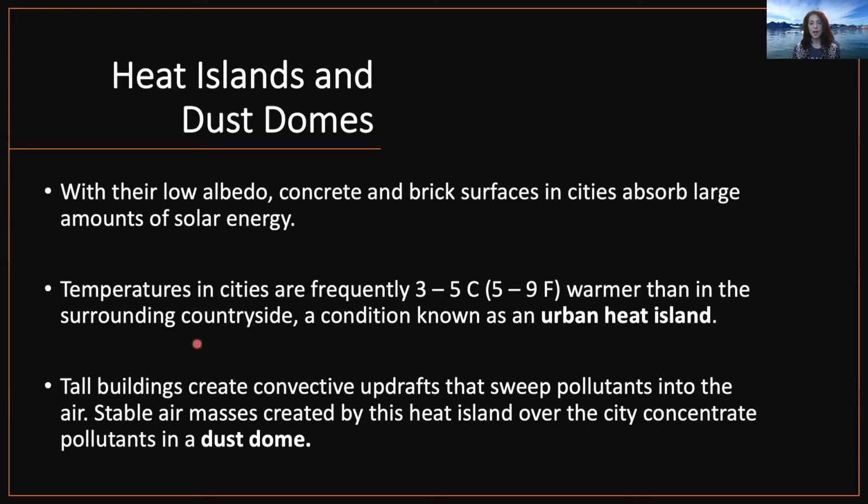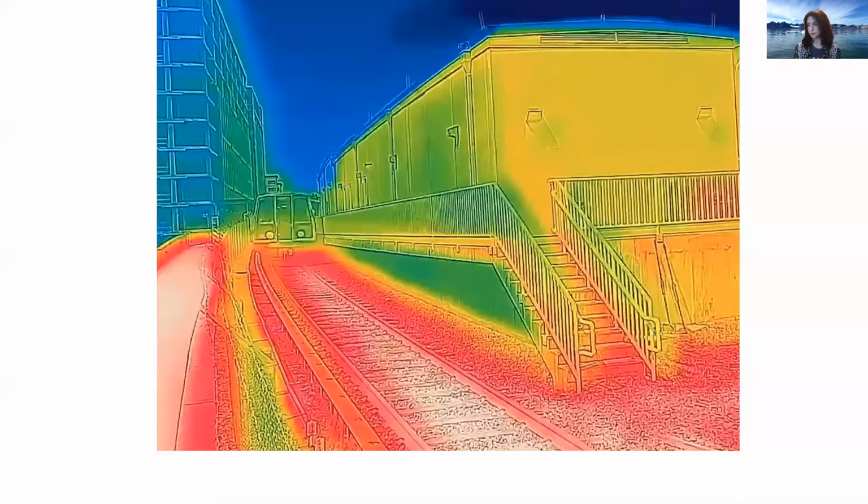And stable air masses created by this heat island over the city concentrate pollutants in a dust dome. So not only is it extremely hot, but you also have high concentrations of air pollutants in your cities. And here's a video that does a good job of explaining why that is.